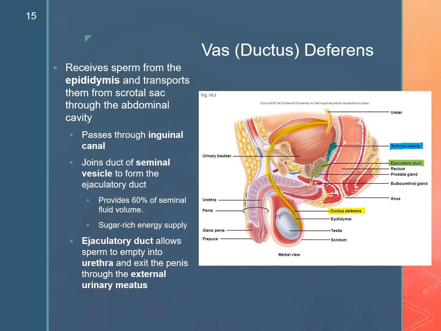Now the vas deferens is the tube that transports sperm from the epididymis into the ejaculatory duct so that it can be excreted through the urethra. The vas deferens make up a component of the spermatic cord.